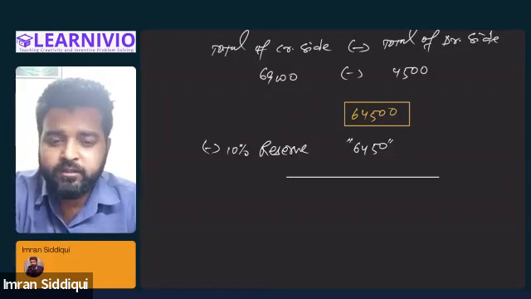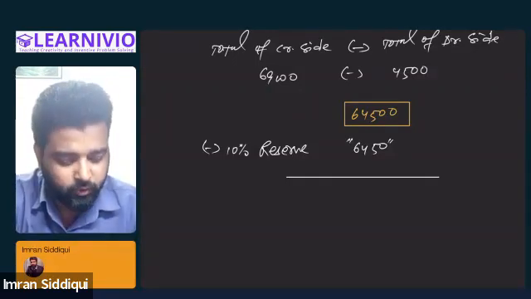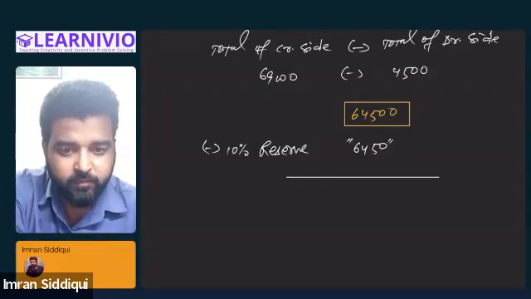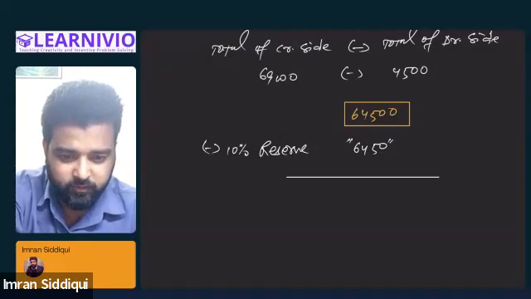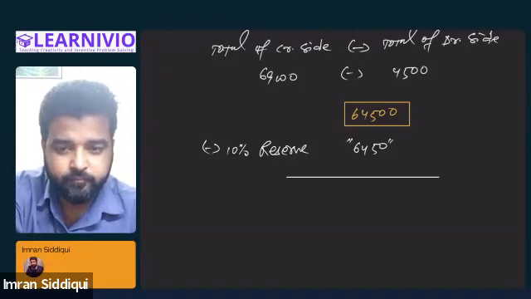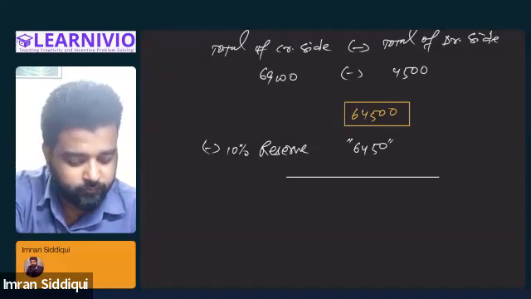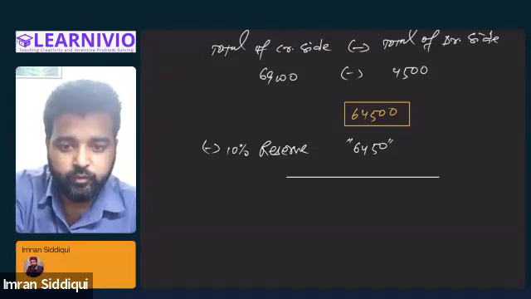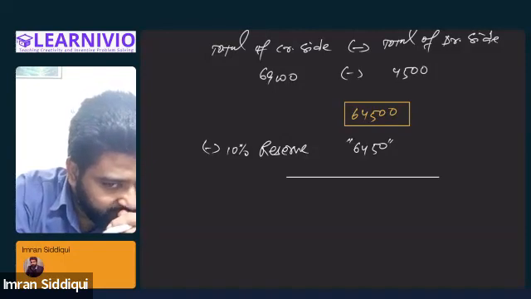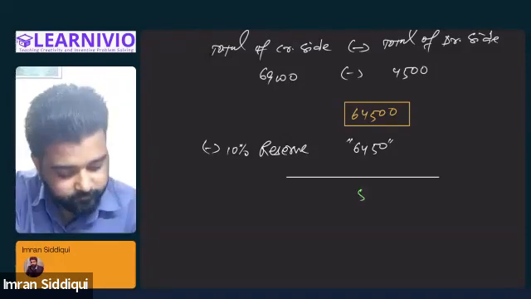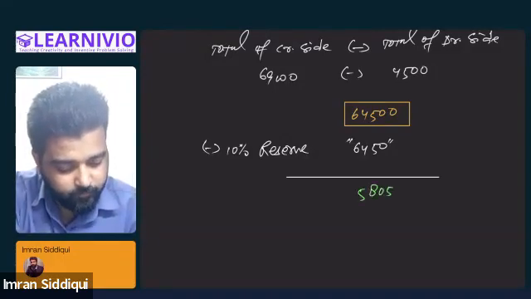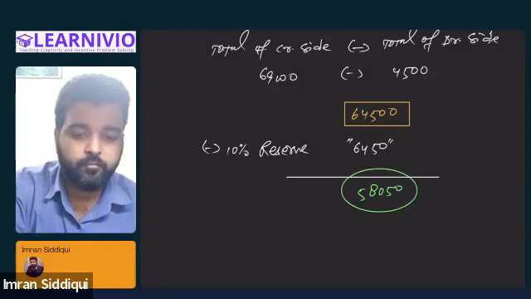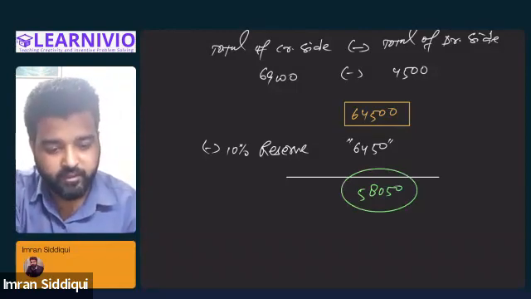So the reserve of 6450 will be subtracted out of 64,500, and we get 58,050. Is this clear, everyone?